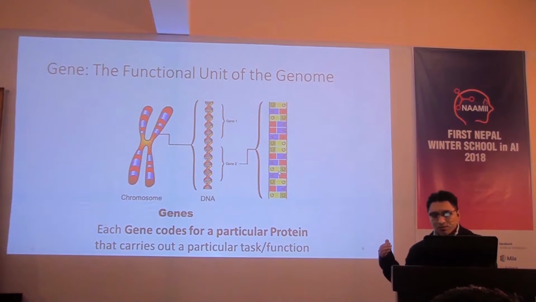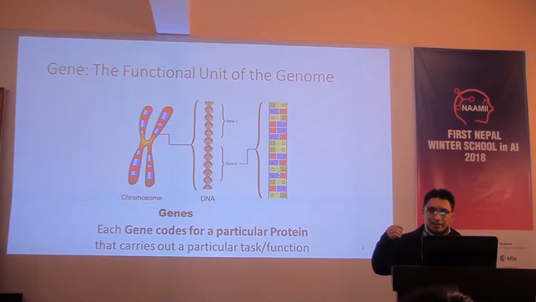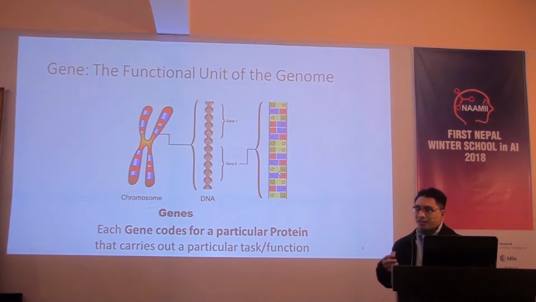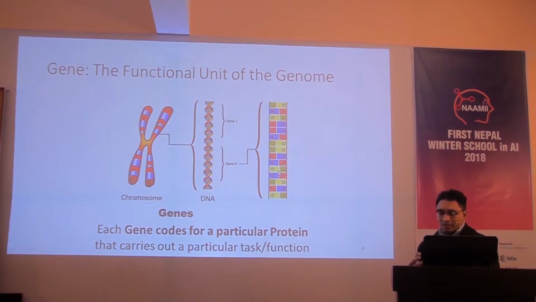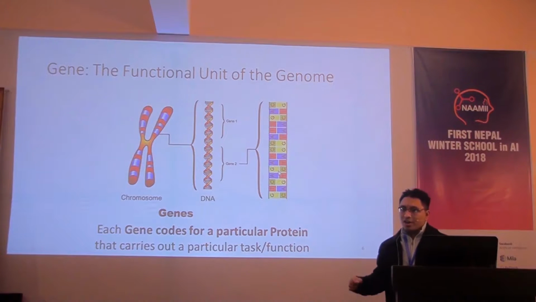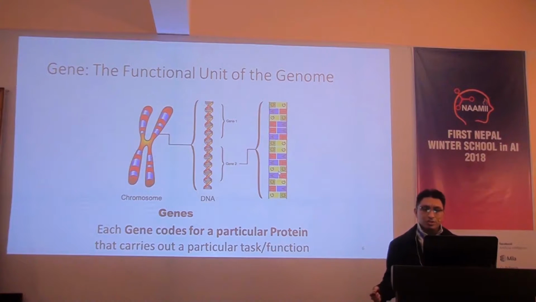The main message I want to deliver here is that genes are the functional unit of the DNA. Each gene has a different combination of these nucleotides, and they carry out special functions. For example, the function of gene 1 may be different from the function of gene 2, and may be different from the function of gene 3.